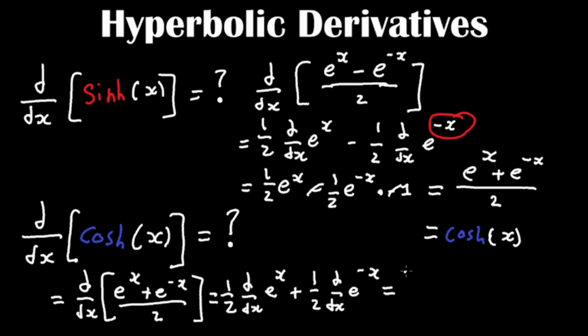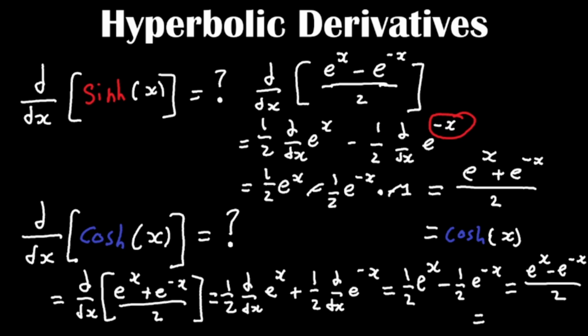So this is going to be 1/2 e to the x. And then the derivative of e to the negative x, that's negative e to the negative x, as we saw previously. So we're going to have a minus 1/2 e to the negative x. So this becomes e to the x minus e to the negative x over 2. And that's the definition for a hyperbolic sine.